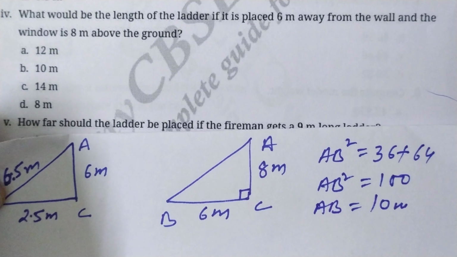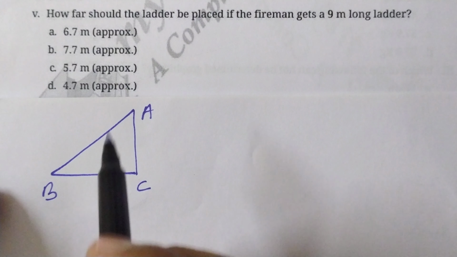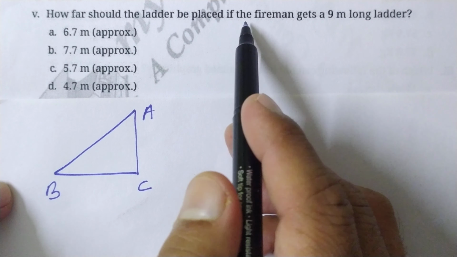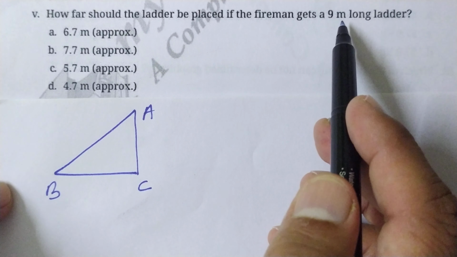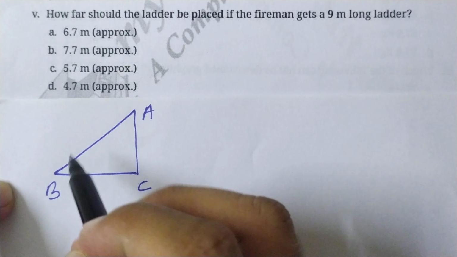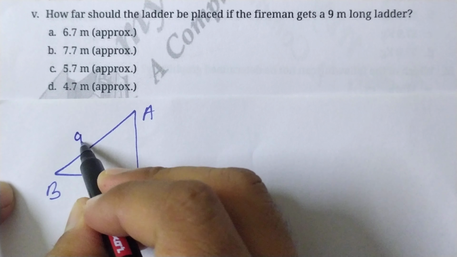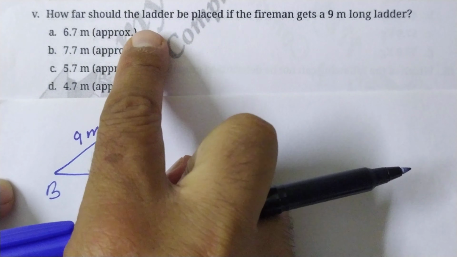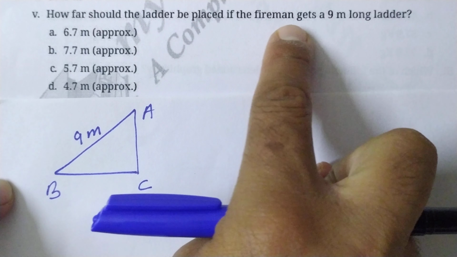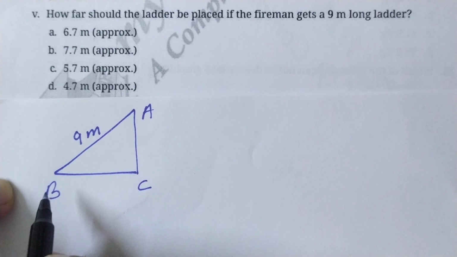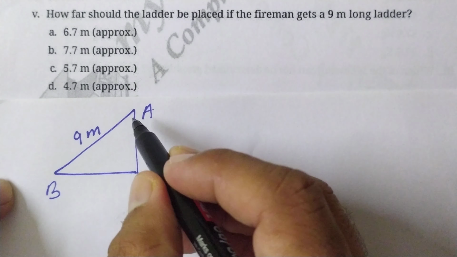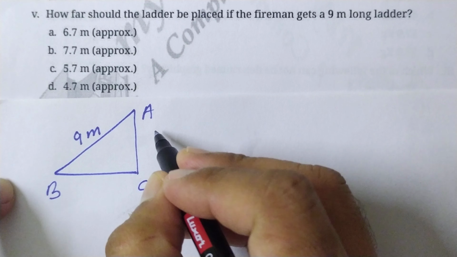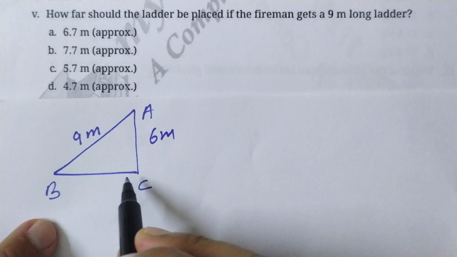So let's do the next part. The next question is, how far should the ladder be placed if the fireman gets a 9 meter long ladder? So in this case the ladder is 9 meter long. So we need to find out the distance of BC. BC is to be found out, and this AC length is 6 meter only, which was given in the beginning. Now let's see what will be BC coming.